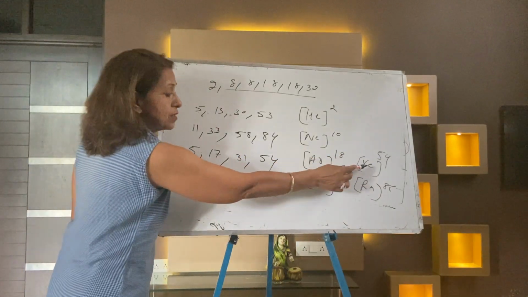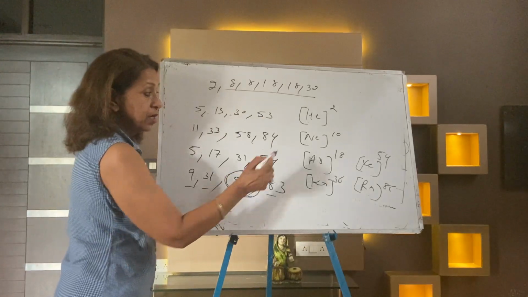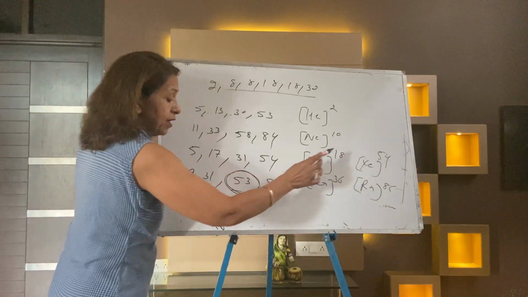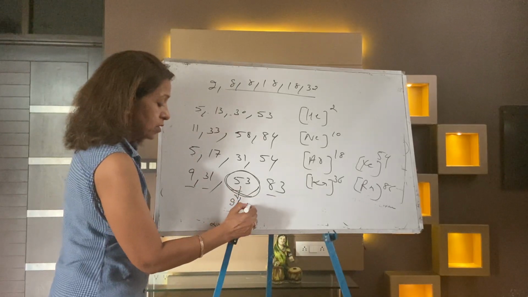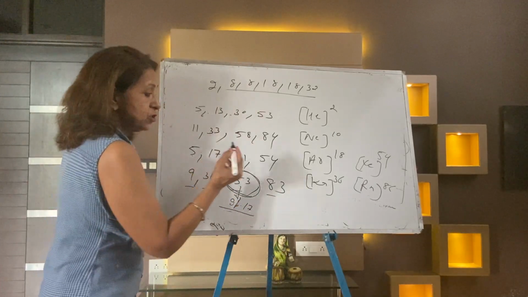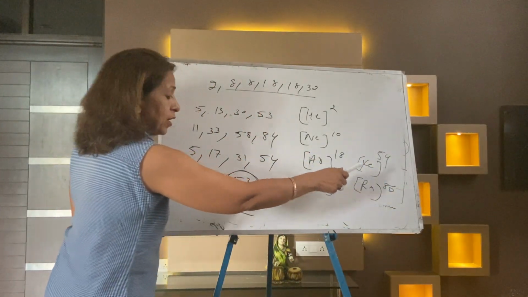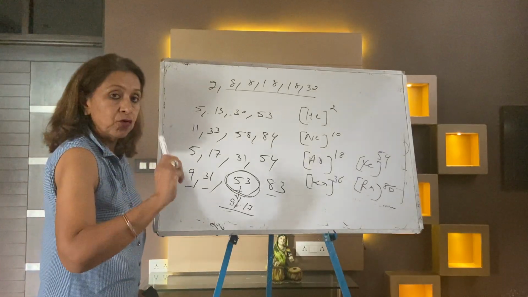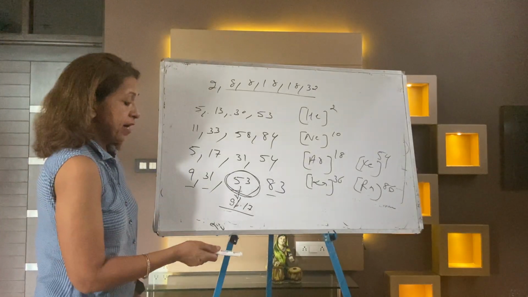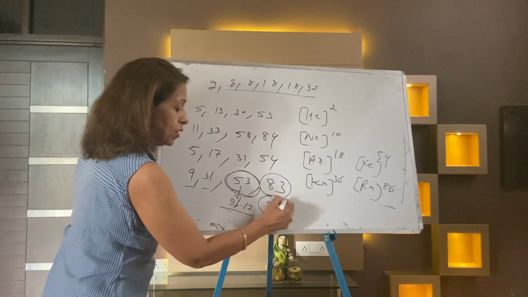This is noble gas, 54, and this is your halogen, because this is group 18 and this is group 17. After that, radon is 86, group 18, 85 group 17, 84 group 16, and 83 group 15.